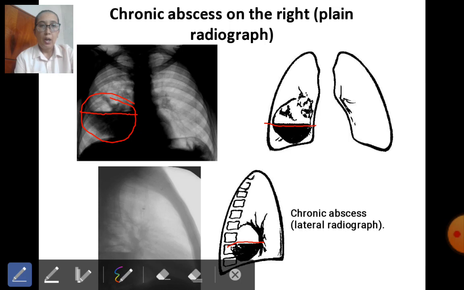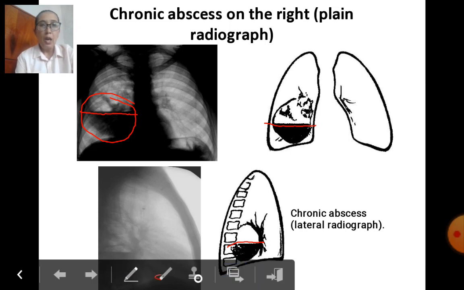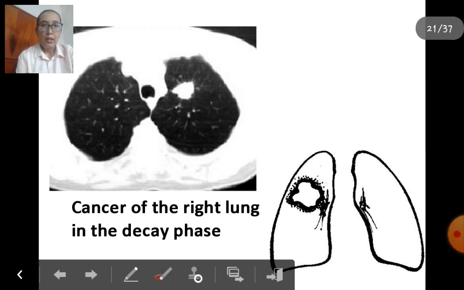In lateral radiography, with the help of this level of liquid we can tell that it is a chronic abscess of the lung. Cancer of the right lung also looks like fibrous cavernous tuberculosis, and to help make the right diagnosis, CT, computer tomography.